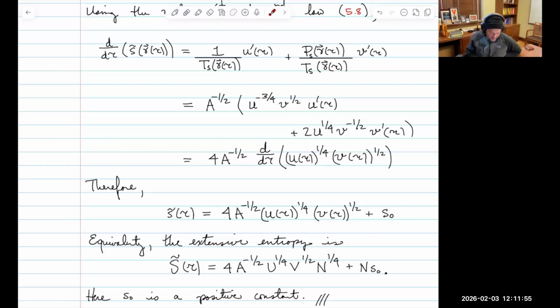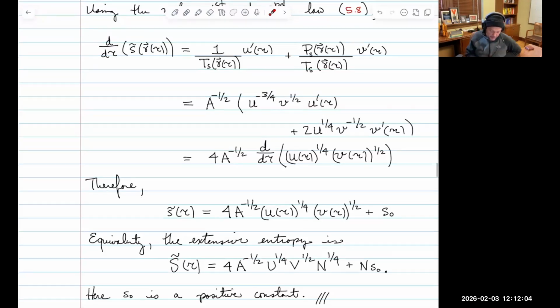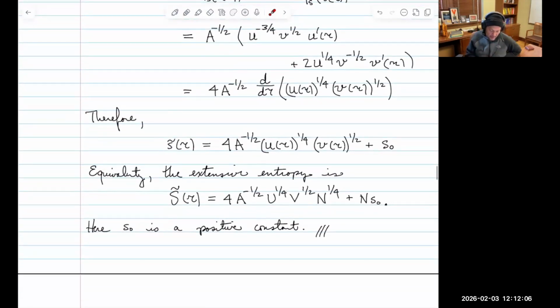Now, how do I convert this back from the molar entropy version to the standard extensive entropy? Well, you just multiply through by n everywhere that you see. And of course, again, I'm abusing notation here. This just means a function of what does that notation mean?